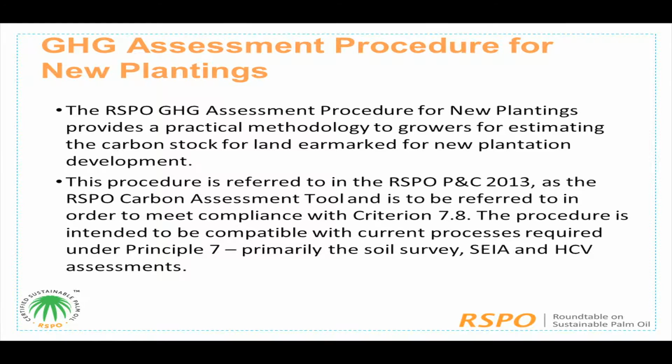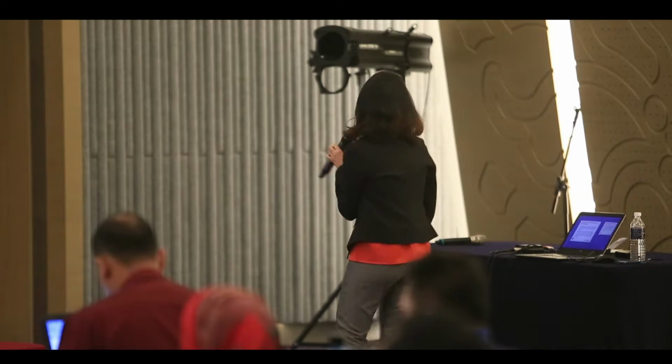So we actually ask all companies to please refer to the greenhouse gas assessment procedure when preparing for 7.8, because it details out the steps that need to be taken in order for you to be considered to have complied with criterion 7.8.